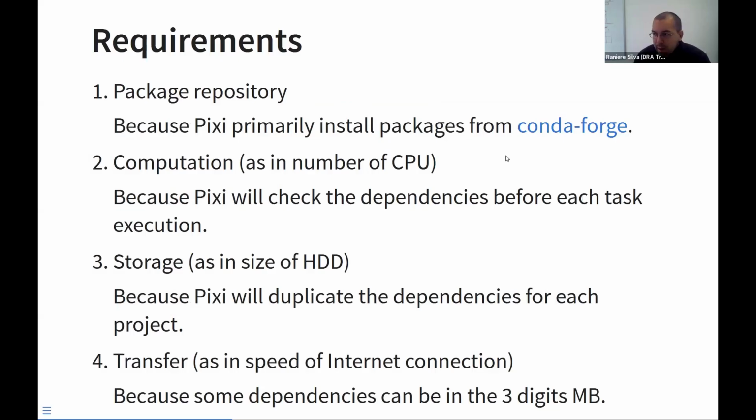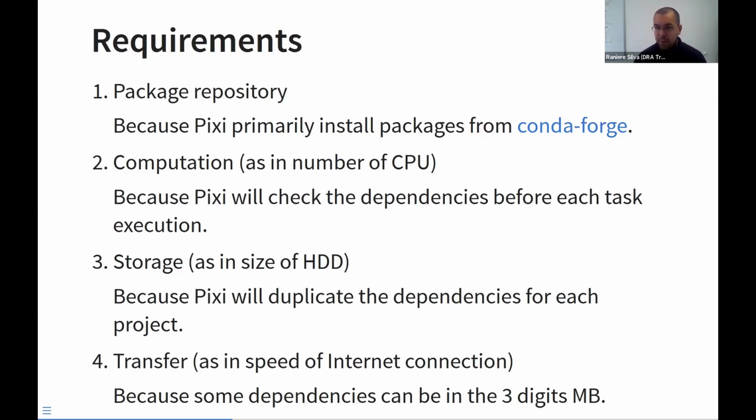To do that, Pixi has some requirements. Pixi primarily uses packages from conda-forge. So if you need to get packages from other places, you will have to try to bring your package through conda-forge if you're trying to get a seamless experience. Pixi needs a little bit more computation because it checks the dependency tree every time.